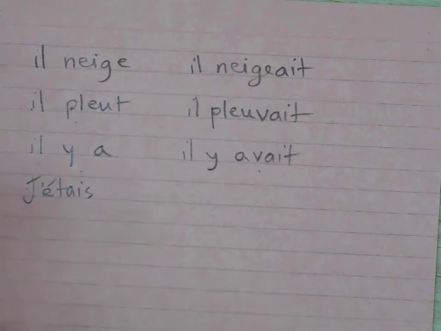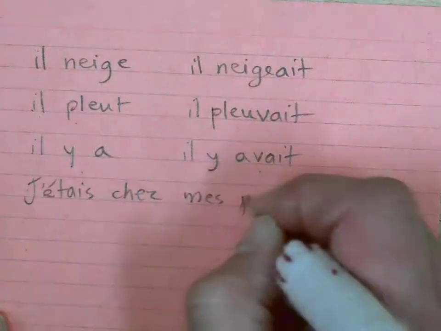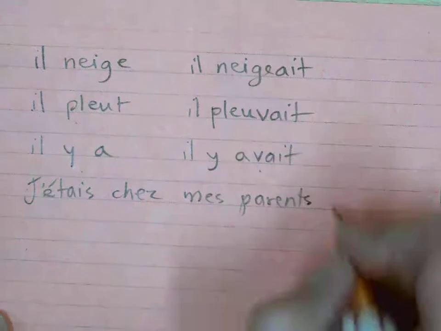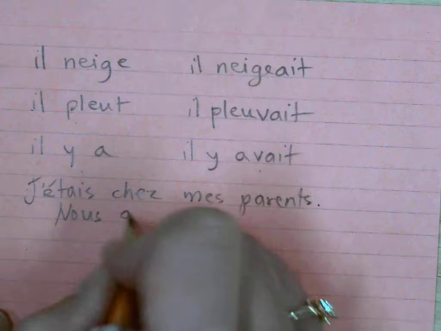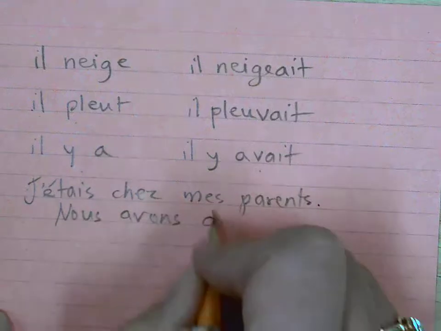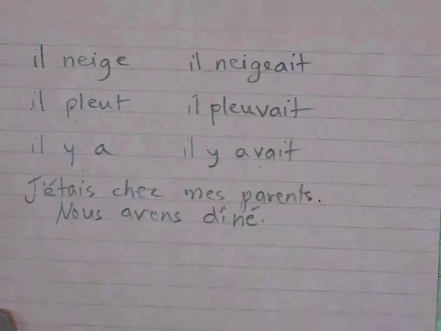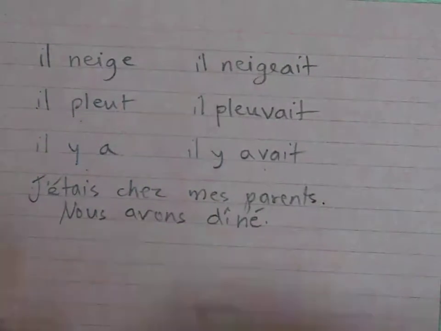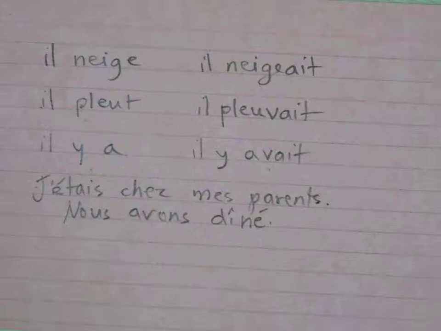J'étais chez mes parents. Nous avons dîné. So this is kind of how it can contrast with the passé composé. I was at my parents' house. We ate dinner. So anyway, that's just one example.